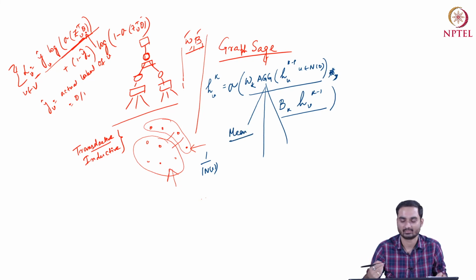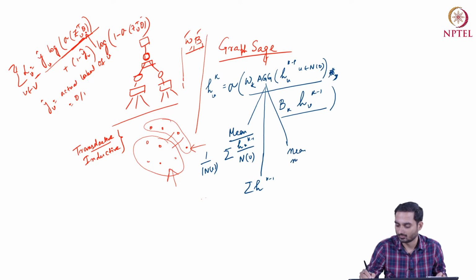We have already seen what it is; it is basically this one. It can also be just a sum. It can also be a pooling kind of operation, max pool or mean pool.